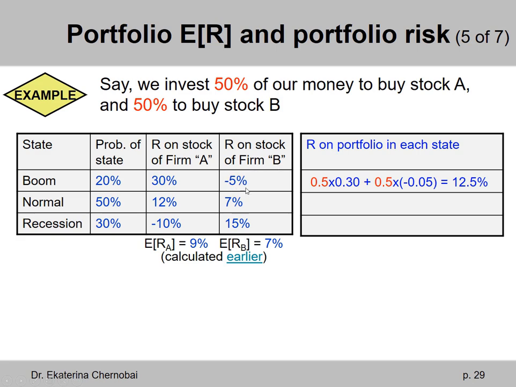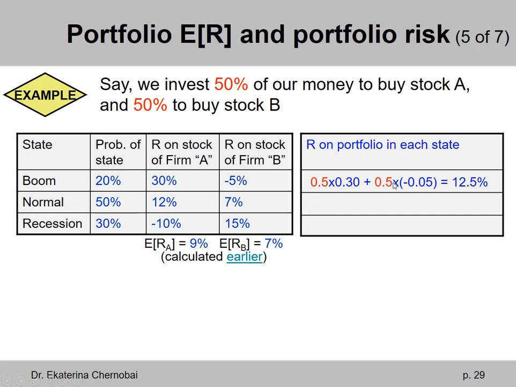So we're not going to lose 5%, but because we only invest half of our money, we're going to lose half of 5%. So we have 0.5 times 0.30, that's for stock A, plus 0.5 times negative 0.05, that's for stock B. And this gives us 12.5%. That's the return from both A and B, the entire portfolio, in the boom state of the economy, if the boom state occurs, if the first row in this table occurs.